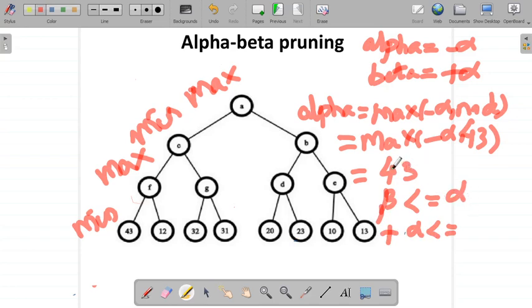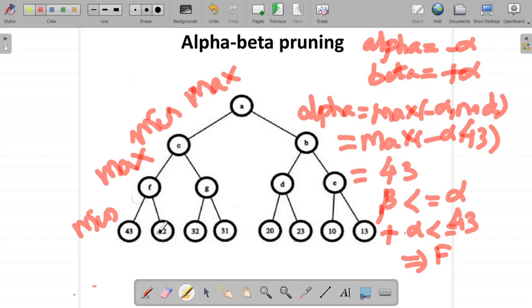Value of alpha is 43 here. Plus infinity less than or equal to 43. The condition is false. Suppose if the condition is true, it means there is no need to traverse the right child. So now we should traverse the right child.